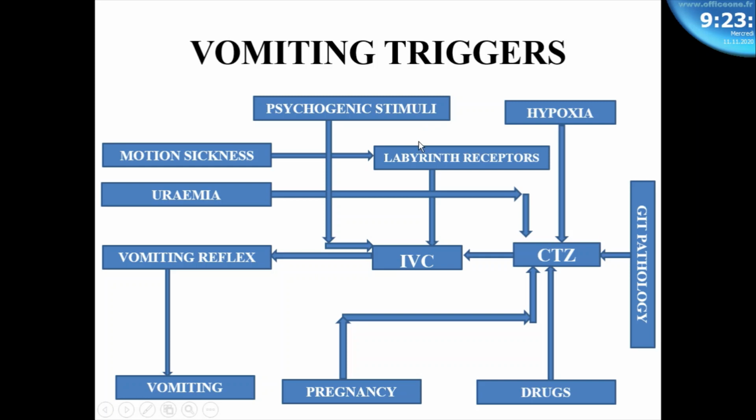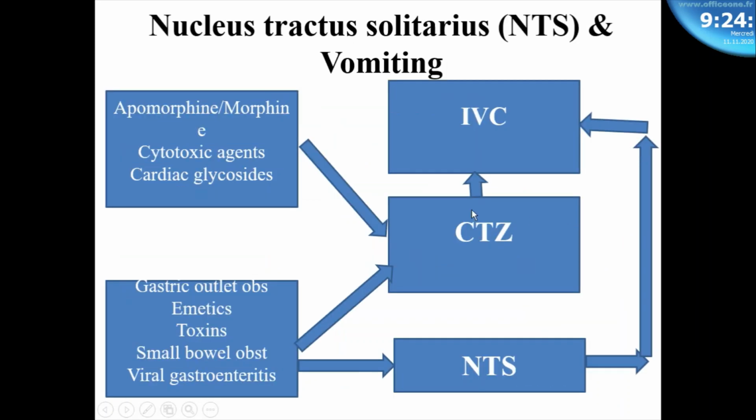We have also drugs. In drugs, we have what we call cytotoxic agents or chemotherapeutic drugs. They stimulate serotonin receptor, 5-hydroxytryptamine 3, and then induce nausea and vomiting via stimulating chemoreceptor trigger zone.